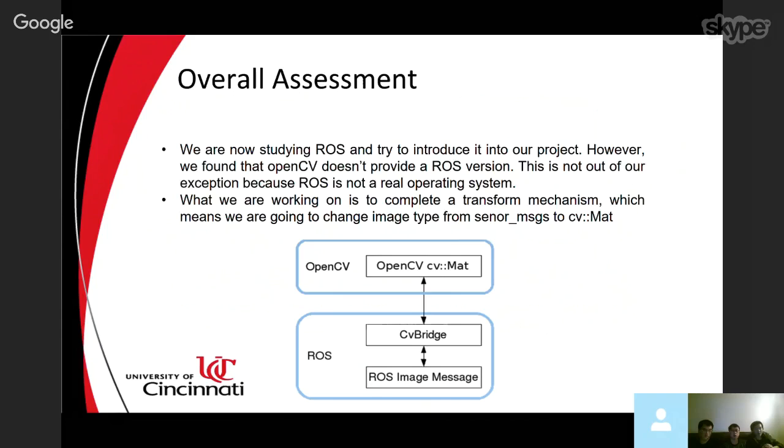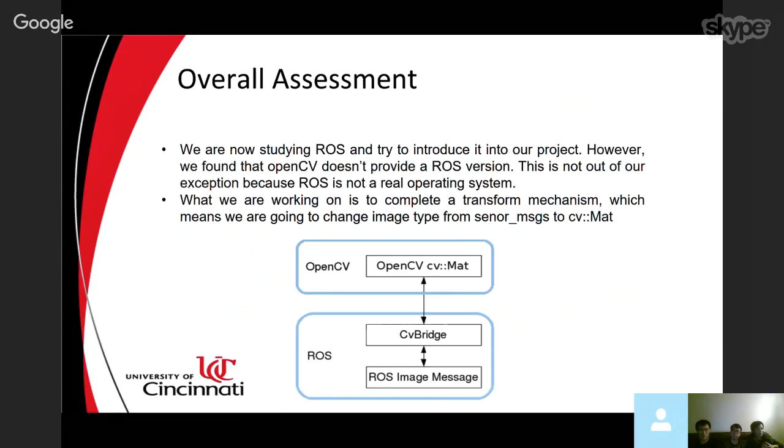ROS is the platform used to develop robot applications. It provides an integrated development environment. We can employ ROS to help us complete our UAV movement control, target recognition, and tracking.